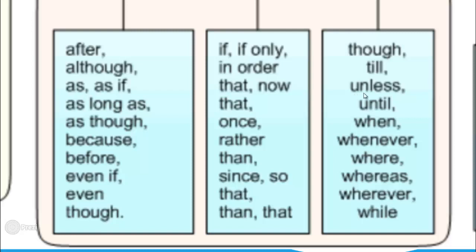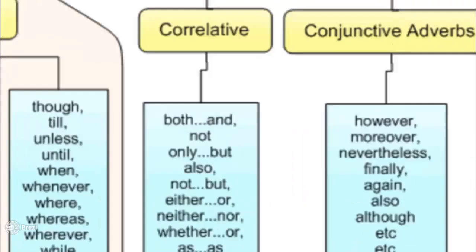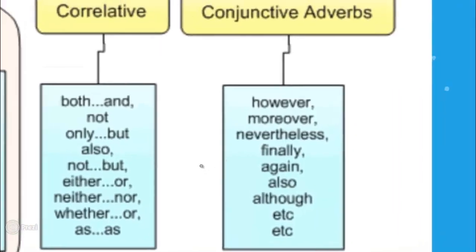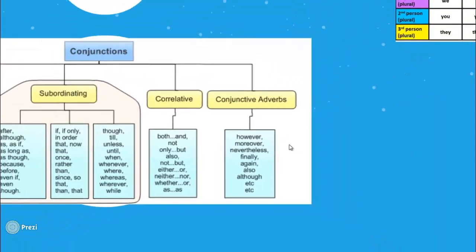So we have though, till, unless, until, and your homework as a teacher is to get to know them, know how to use them, know how to teach them, and have correlative conjunctions, such as both and, not only but also, neither nor, either or, whether or, etc. And the conjunctive adverbs such as however, moreover, nevertheless, finally, again, and also. Remember, the main use of these words is to link sentences.